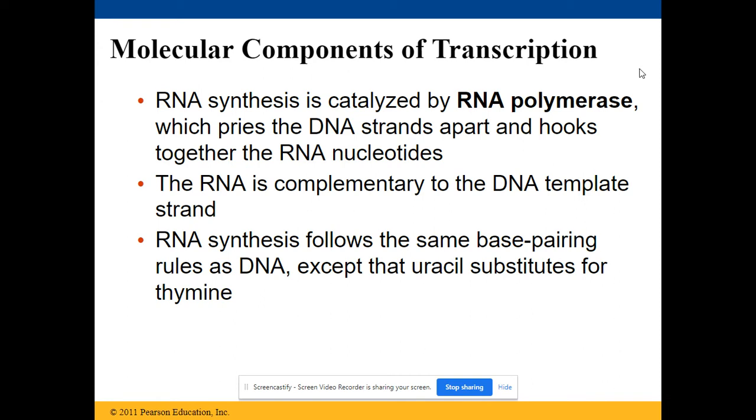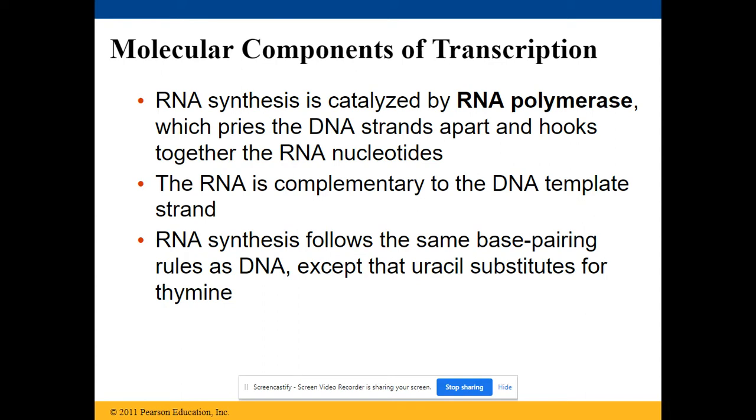The molecular components of transcription. RNA synthesis is catalyzed by RNA polymerase. It acts very similarly to DNA polymerase. It actually pries the DNA strands apart and hooks together the RNA molecule. So it's kind of doing what replication is doing, but it's RNA polymerase, so it's making RNA and not DNA.